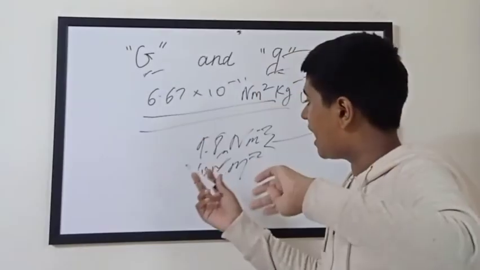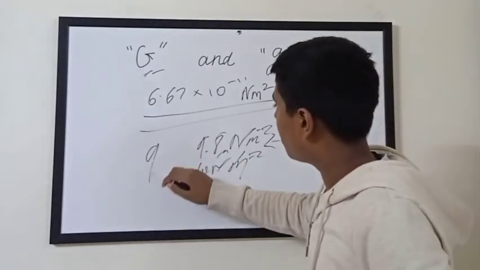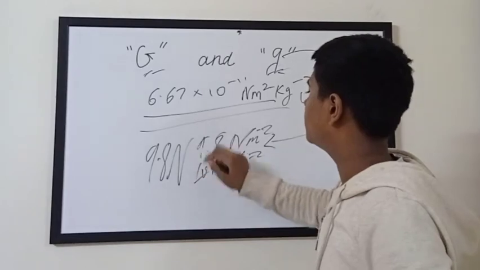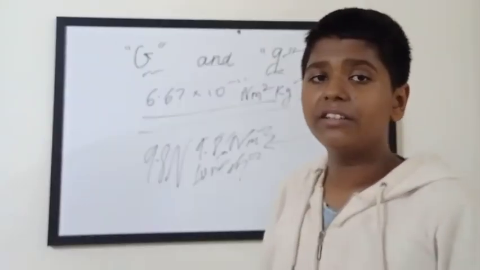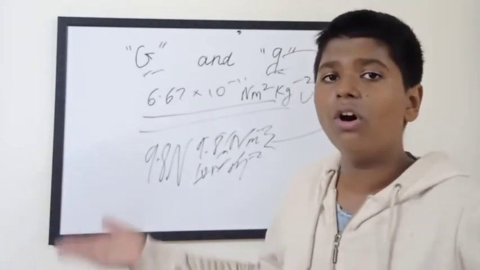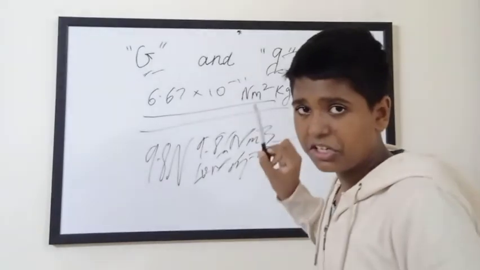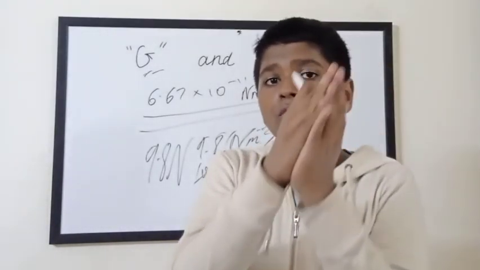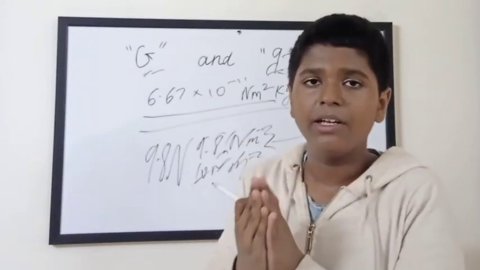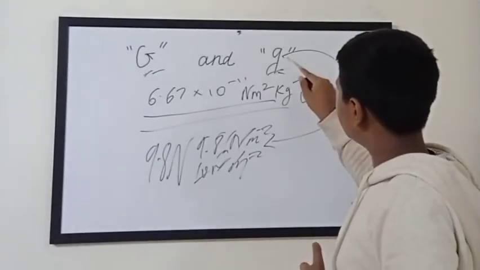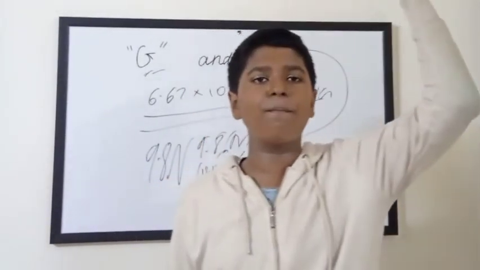Now, in my last sum, you might point out that I have found 9.8 newtons. How am I writing 9.8 Newton per meter square? It is the value of acceleration, right? This is gravitational acceleration. And in the last sum, we were finding the force between them, if you remember. But anyways, this is about gravitational acceleration, and this changes from place to place.